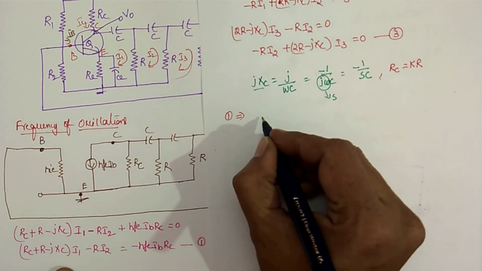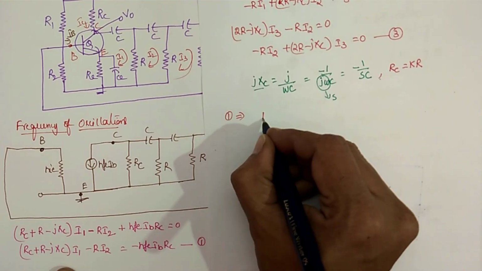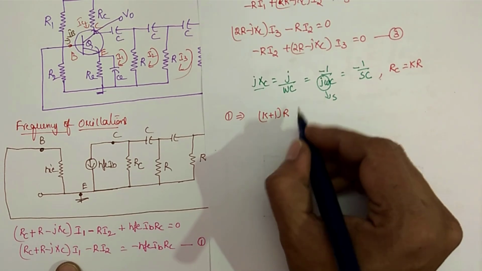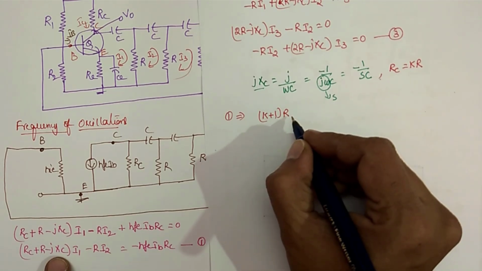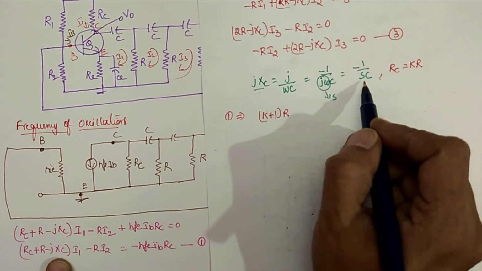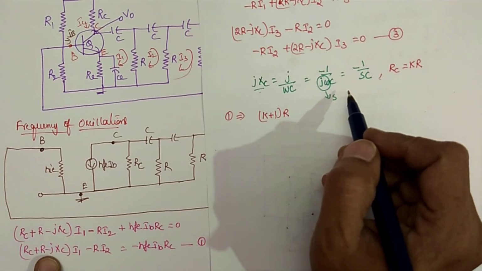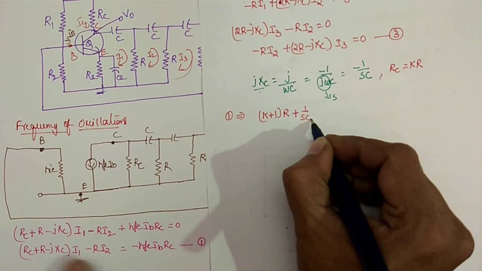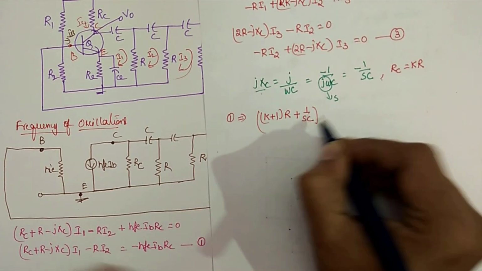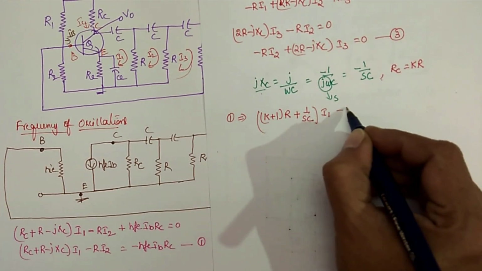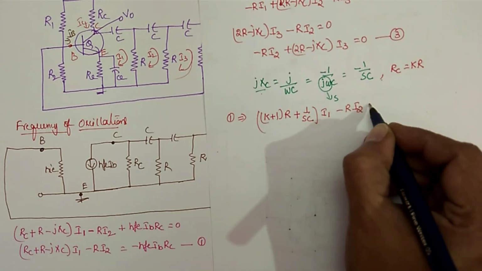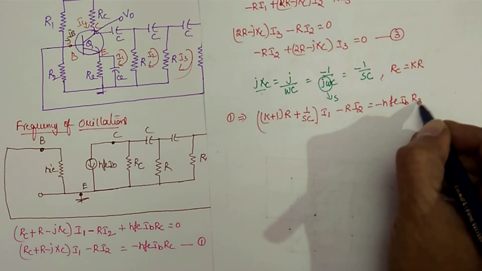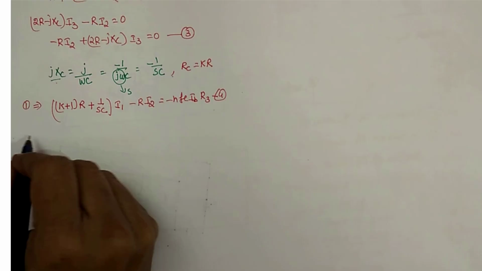So the first equation is K plus 1 into R. In the place of JXC, substitute minus 1 by SC. So it is minus JXC, so it becomes plus 1 by SC into I1 minus R I2 is equal to minus HFE IB RC. Let it be equation number 4.